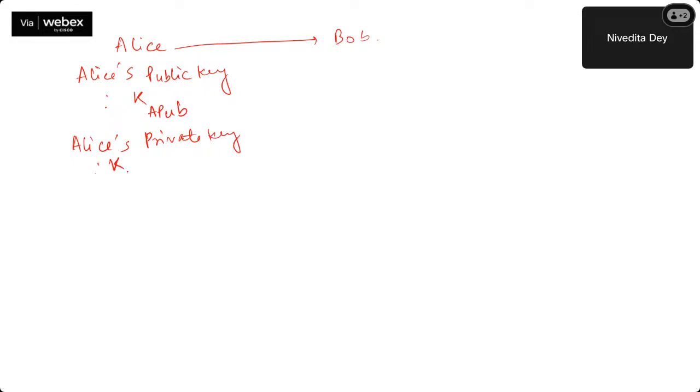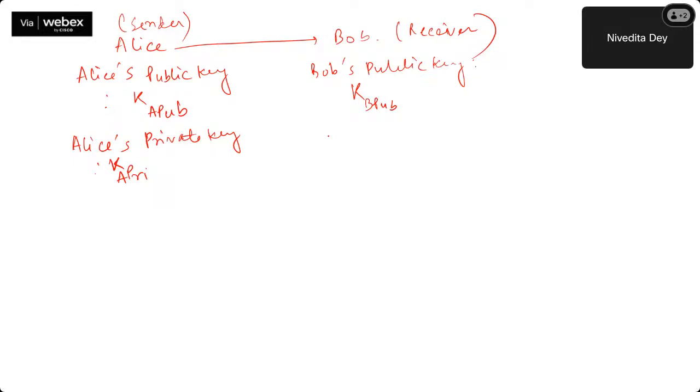Let me term it as K A priv. Okay, public key and private key of Alice. Alice is the sender, of course. Bob is the receiver. So Bob also has his own public key, say K B pub, and Bob's own private key, which is say K B priv.